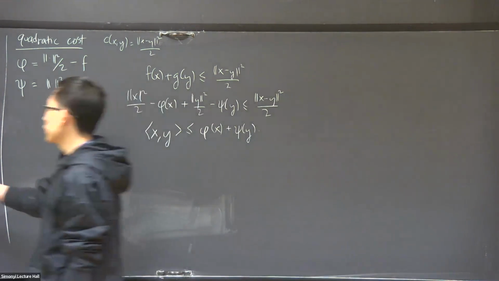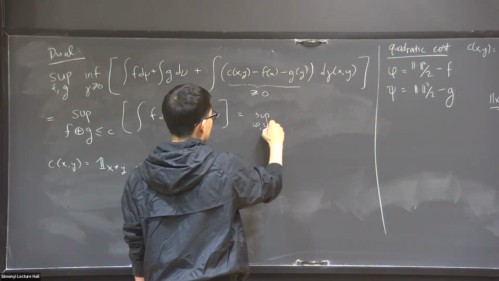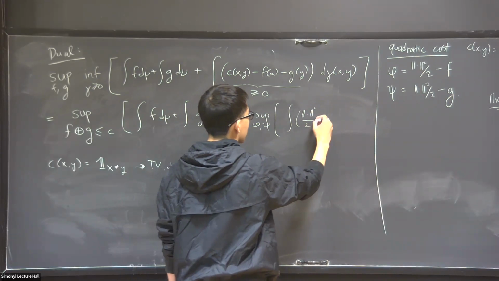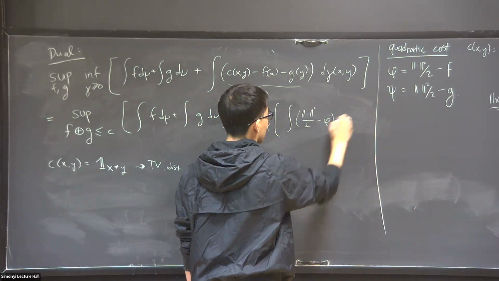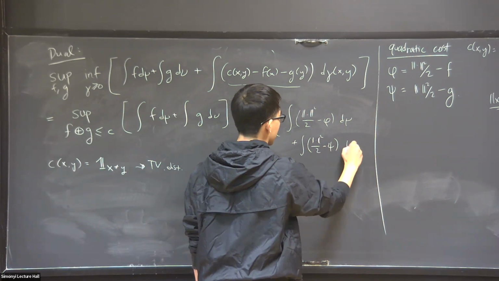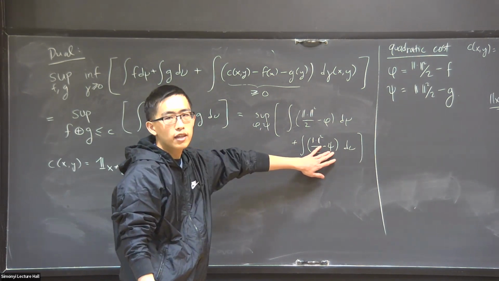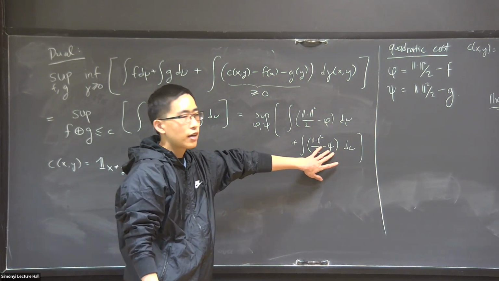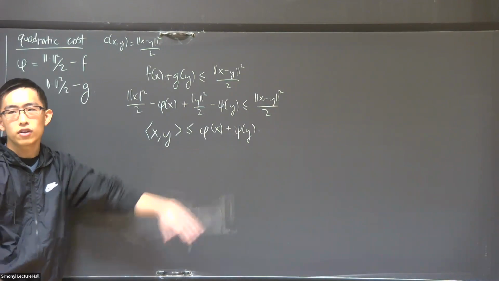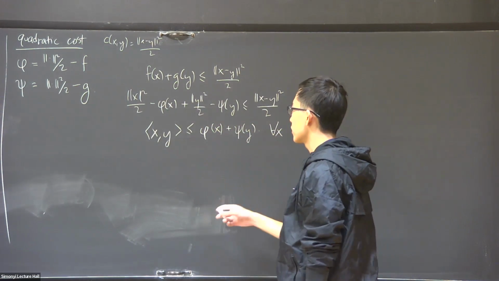So I want to maximize this problem, which means I want to make psi as small as possible while satisfying this constraint for all x and y. So for all x, psi of y should satisfy this.